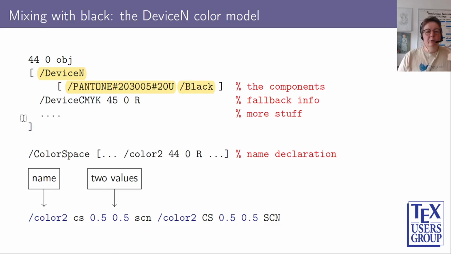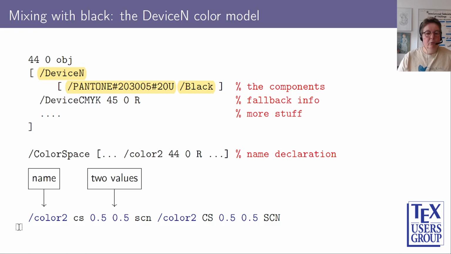Similar to the separation model, it describes a fallback, which I don't show the details of here, but it's quite similar, a simple function which maps the two values to CMYK. Again, we have to define a name that we can use to call the color model. In the color space, in this case, it's now color 2.